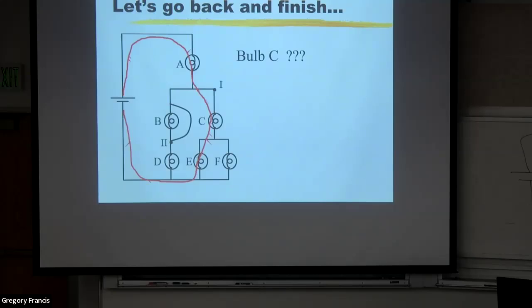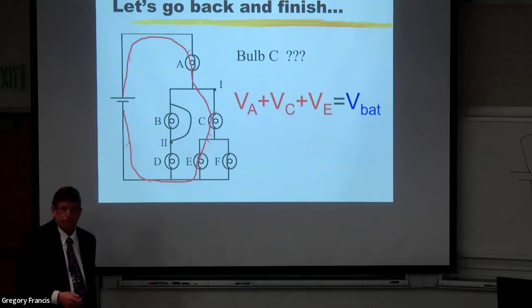Well, to answer those questions, we use our voltage model a little differently. We take a path that goes from the positive terminal to the negative terminal through the bulb we're interested in, in this case, bulb C. And all of those voltages have to add up to the 12 volts of the battery. And then we figure out what happens to C by looking at the other bulbs.